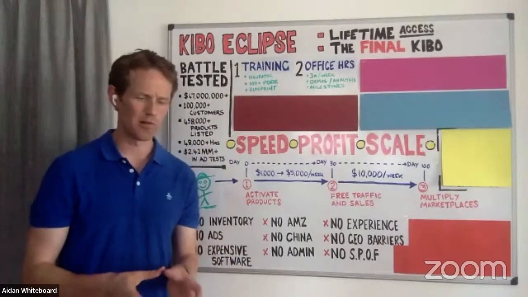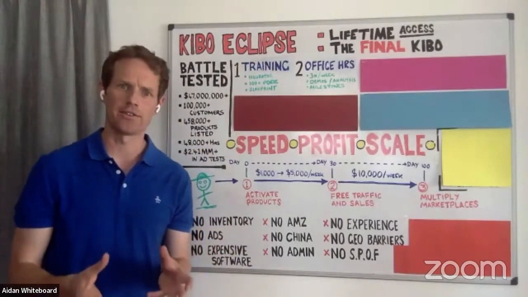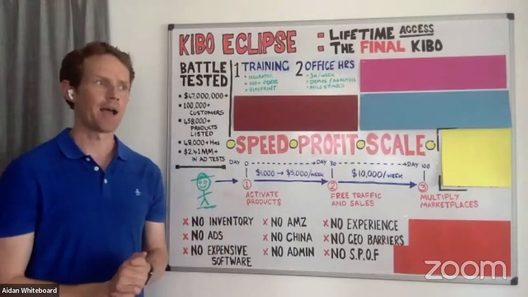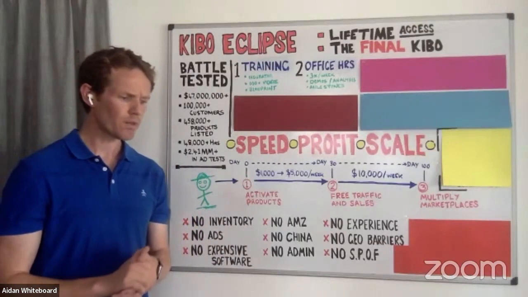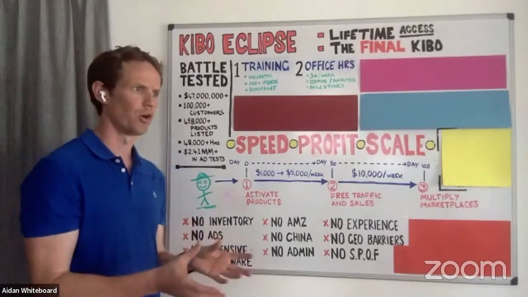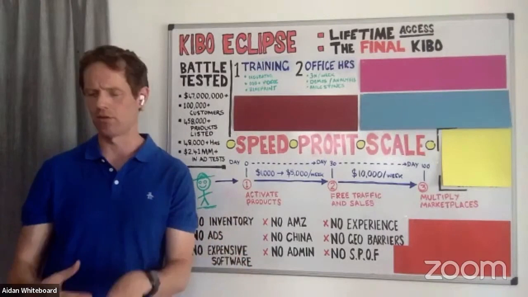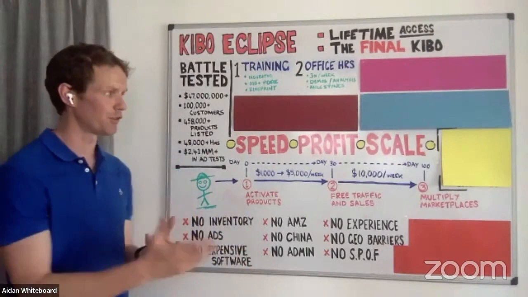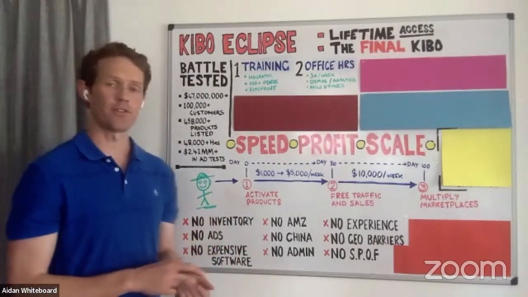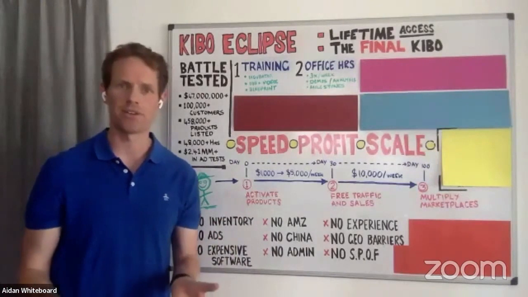The office hours is more about us being able to analyze what you might be doing. For example, putting your store in a hot seat if you want, where we have a look at it, we have a look at the different products you might be selling and we give you tips, or about us just showing you what we're doing at any given moment in our business.